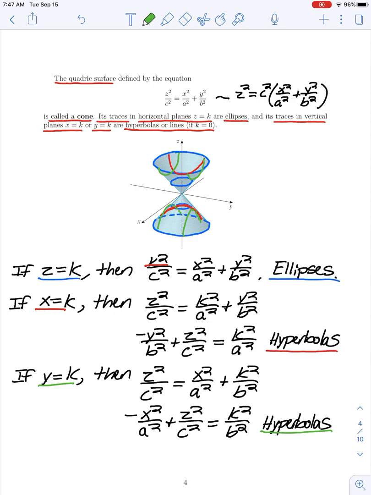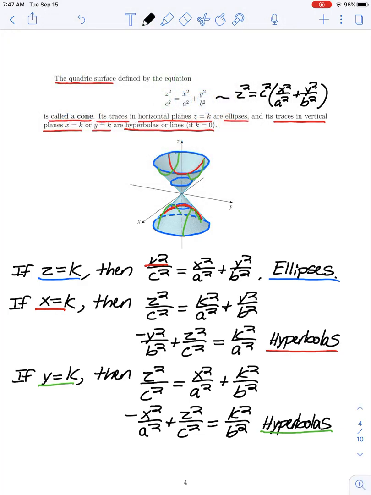Now, I also mentioned that for certain traces in planes of the form x equals k or y equals k, we would have lines for our traces, in particular if k was equal to 0. So let's take a look at that.